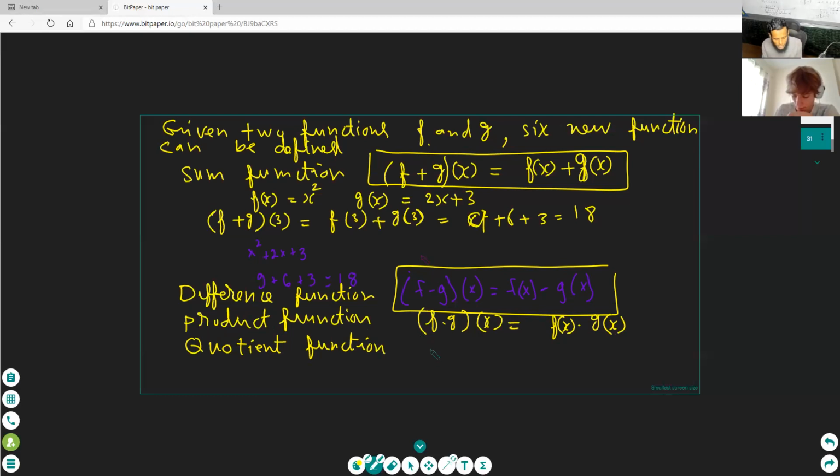Quotient means division. It is f over g of x, which is f of x upon g of x. This is our quotient function formula. When two functions are given, then you can find the quotient function, f upon g.